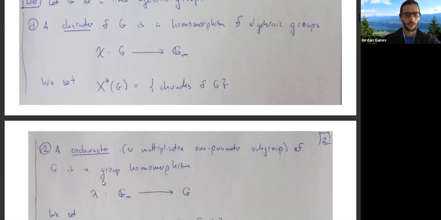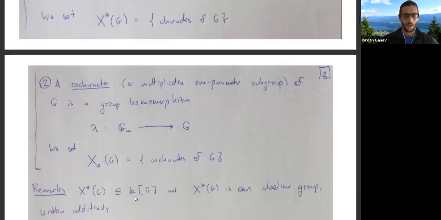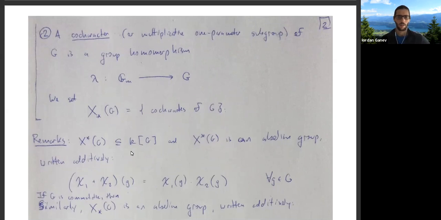And a co-character is the dual notion. It's a group homomorphism from the multiplicative group to our group. And we had this notation for the co-characters of G. As I mentioned, the characters live inside the affine algebra, and they're written as an abelian group additively.